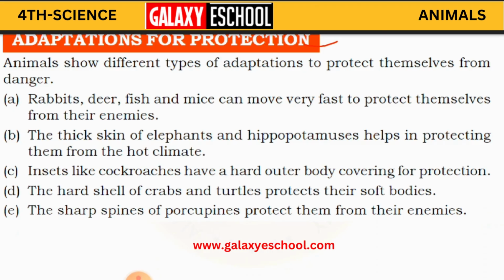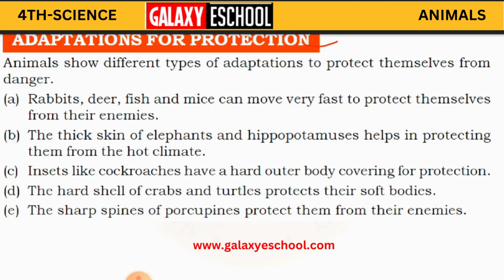Same like that, animals also, even we are animals, all human beings and different types of animals. So we are adapted for protection in some ways. How are the animals going to protect themselves? That we are going to learn in this session.